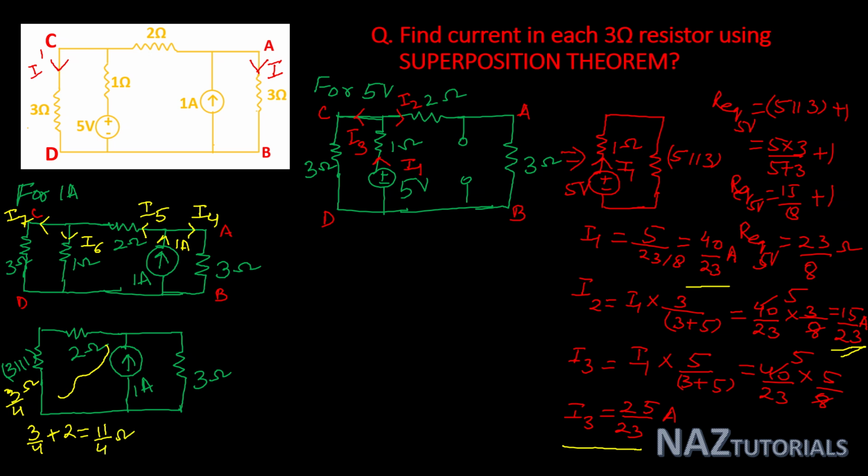So this total equivalent resistance is 11 by 4 ohm, and this total current is 1 ampere.